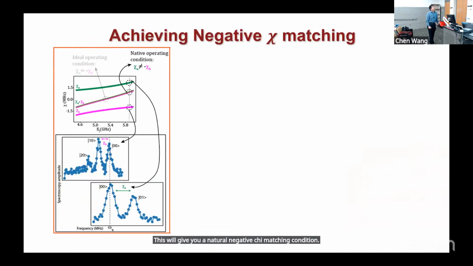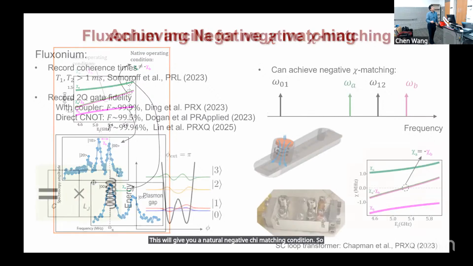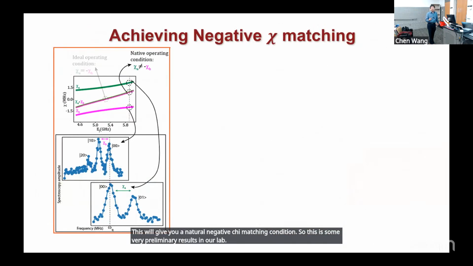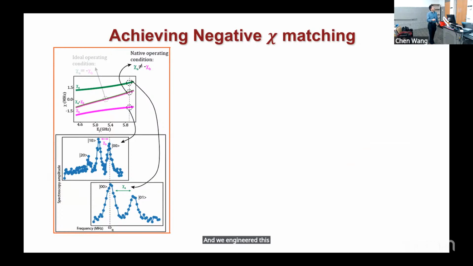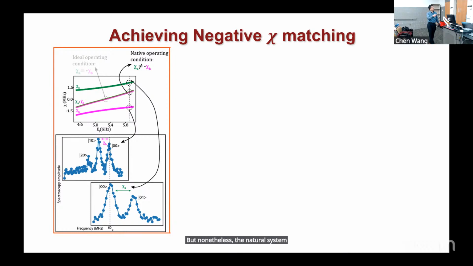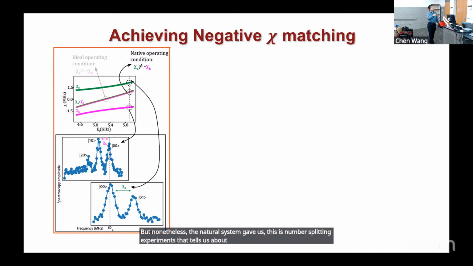So these are some very preliminary results in our lab, and we engineered this hardware system. This round of fab didn't hit exactly the EJ parameter we want, but nonetheless, the natural system gave us this number splitting experiment that tells us about chi A and chi B. You can see chi B is negative and chi A is positive, so it's already somewhat close to the negative chi matching condition.